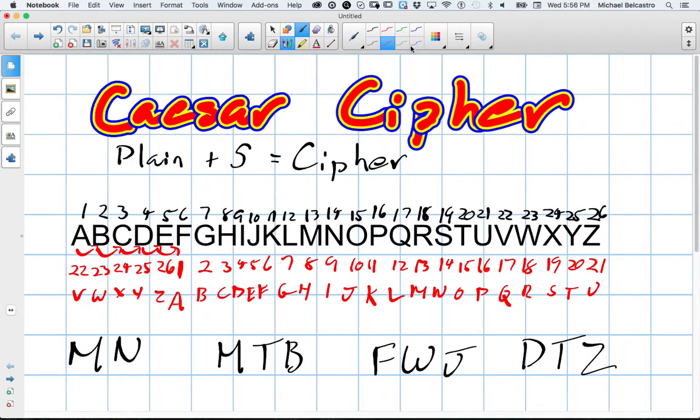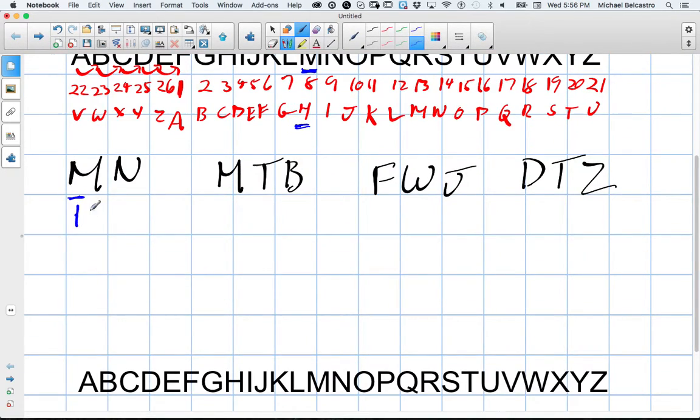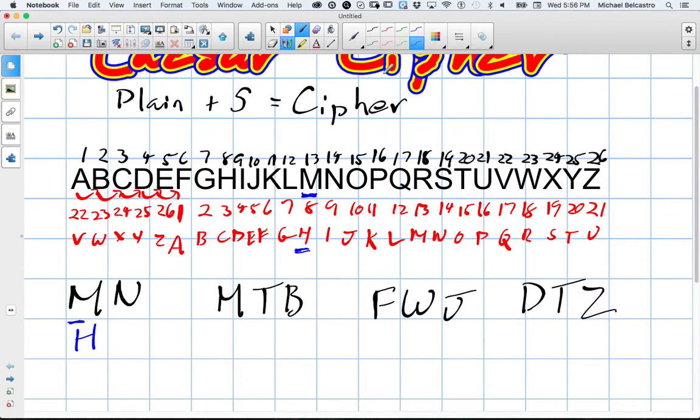We didn't change anything. So the letter M here, M is essentially our H. So when they have the letter M, that actually means H. So we're going to put our H below it. What's our letter N? N is actually the letter I. So I. Okay, we already know what M is.